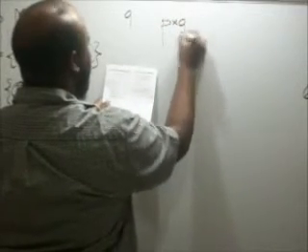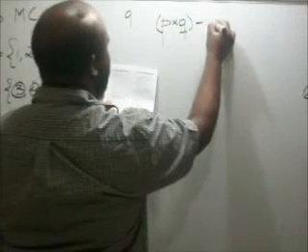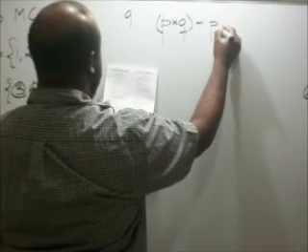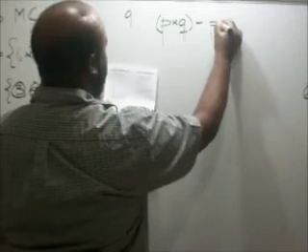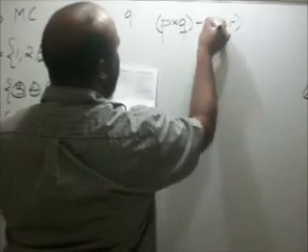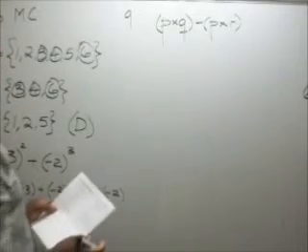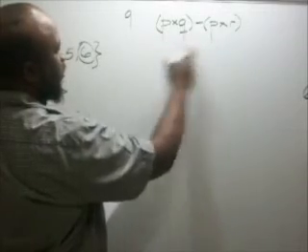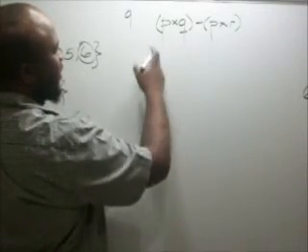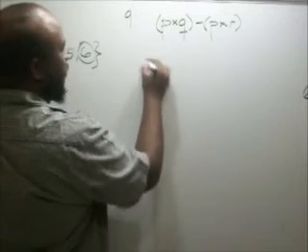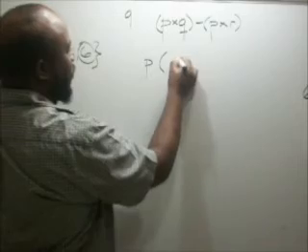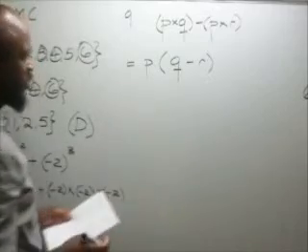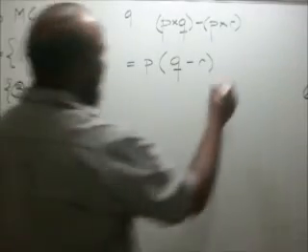We have P multiplied by Q minus P multiplied by R. Now, according to the distributive law, we look for the highest common factor on both sides. The only common factor we have is P. So if we take out that P, what we'll be left with is Q minus R. So if you use distributive law to simplify, it would look something like that. And the answer there is D.